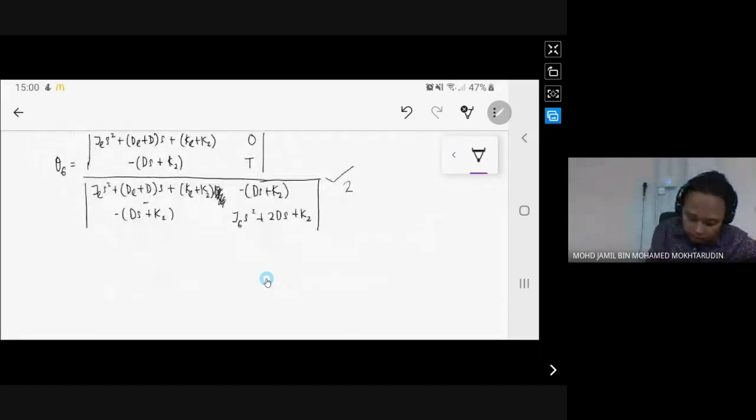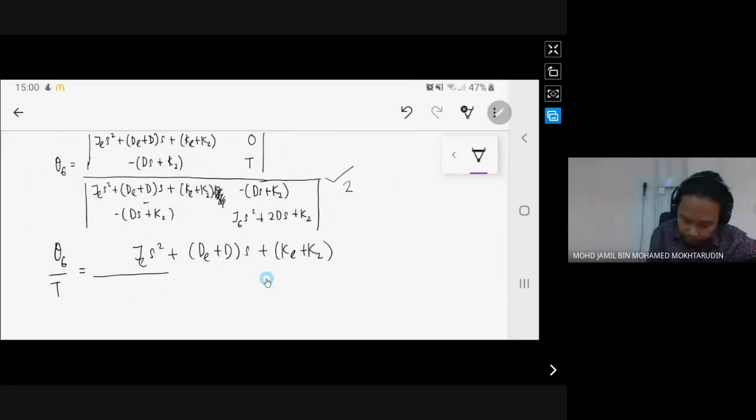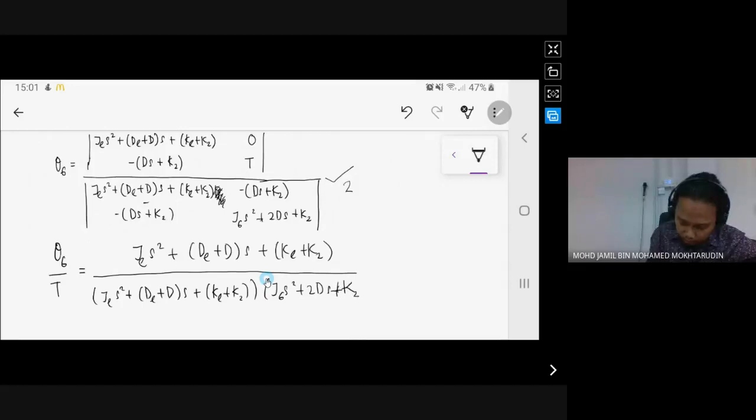So theta 6 over t is equal to JE s squared plus DE plus DS plus KE plus K2, divided by JE s squared plus DE plus DS plus KE plus K2 times J6S squared plus 2DS plus K2, minus DS plus K2 squared.